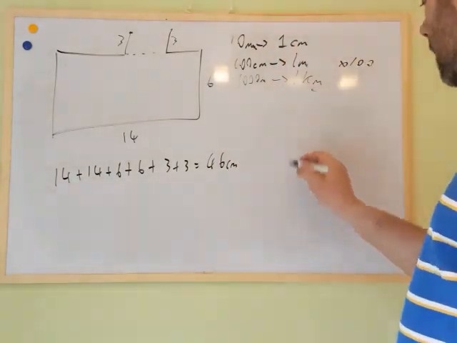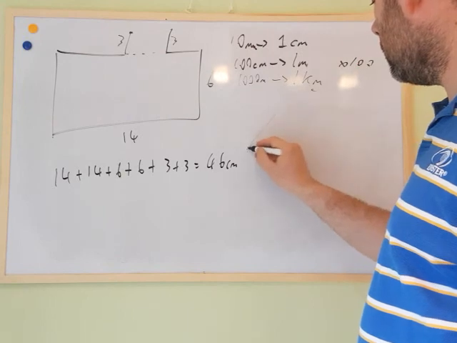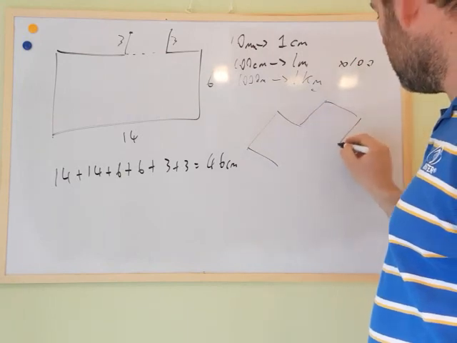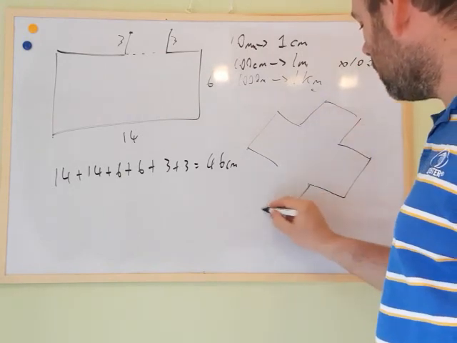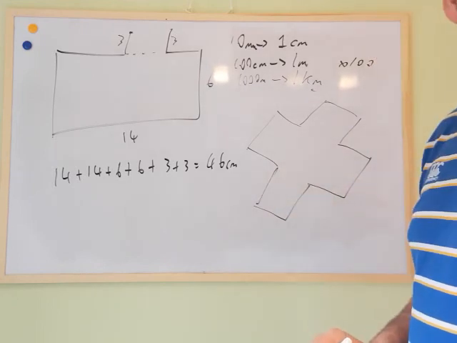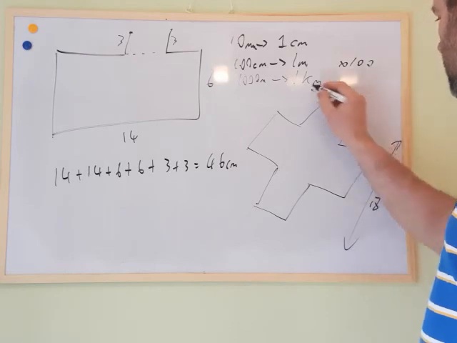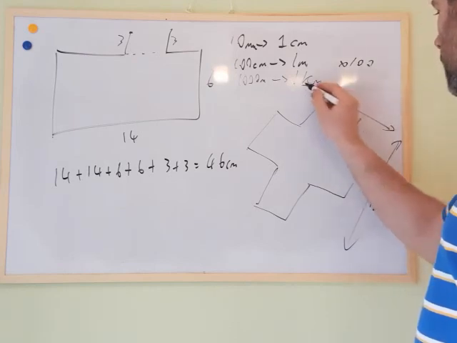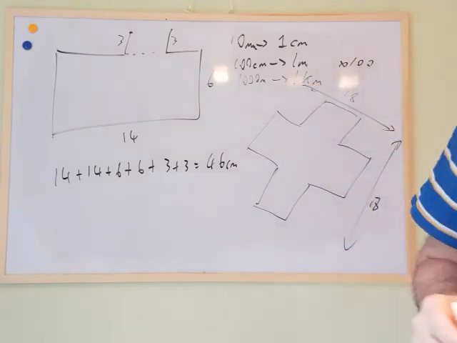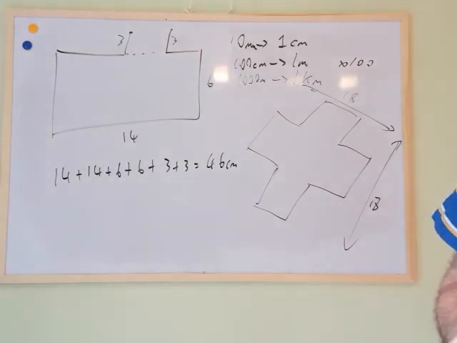And then our next shape, so from here to here is 18, from here to here is 18.